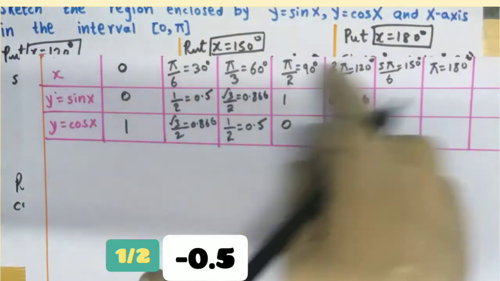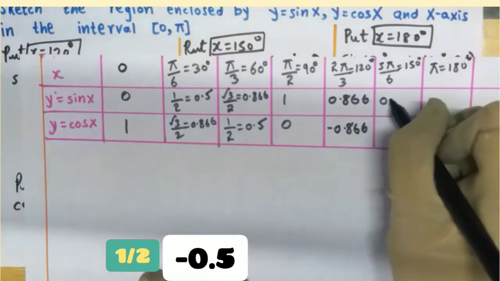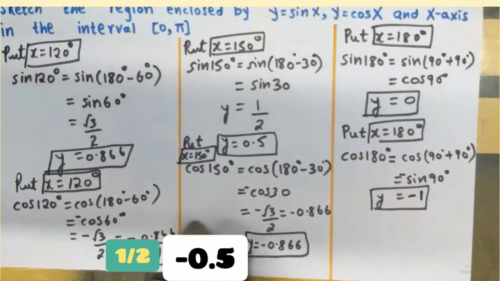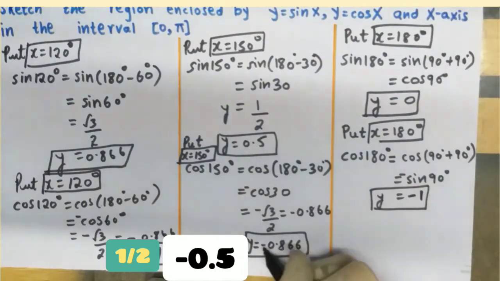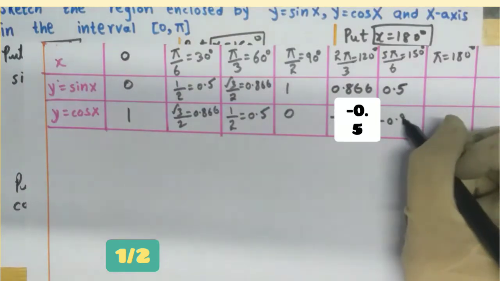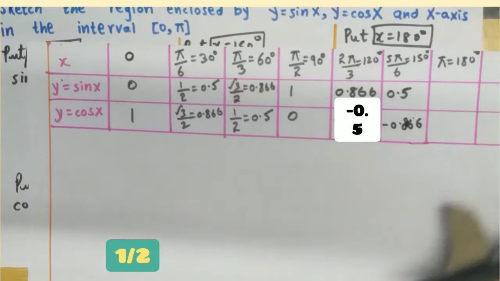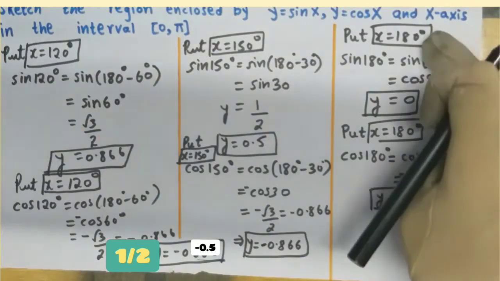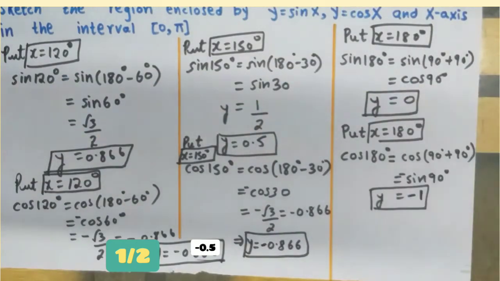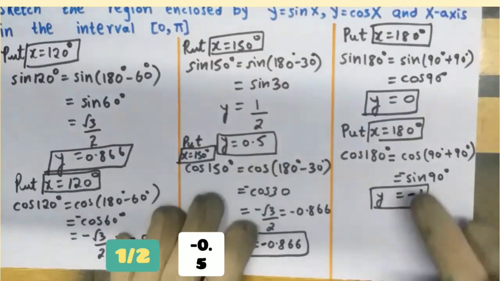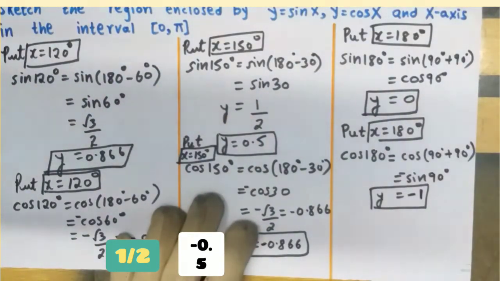When x is 150, y is 0.5. Next we have when x is 150, y is minus 0.866 for cos. Next when x is 180, y is 0. Next we have when x is 180, y is minus 1.